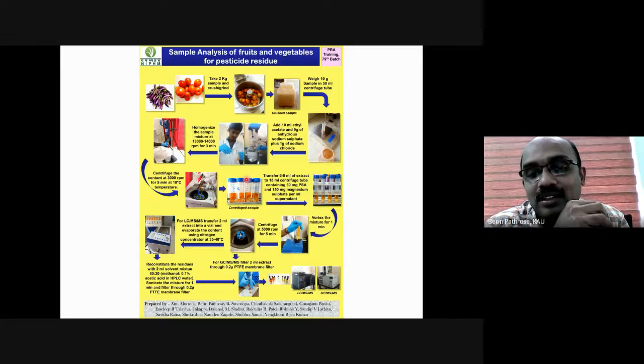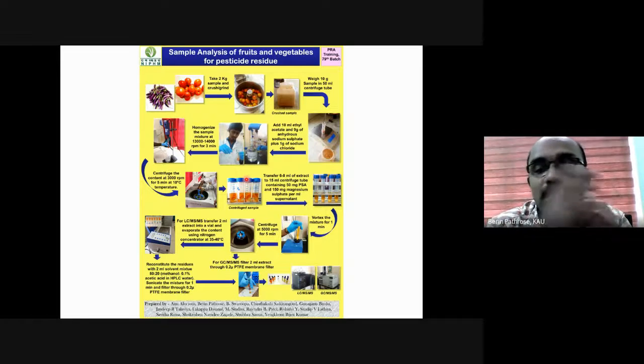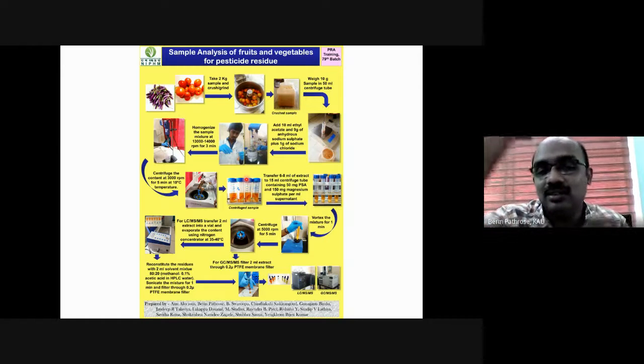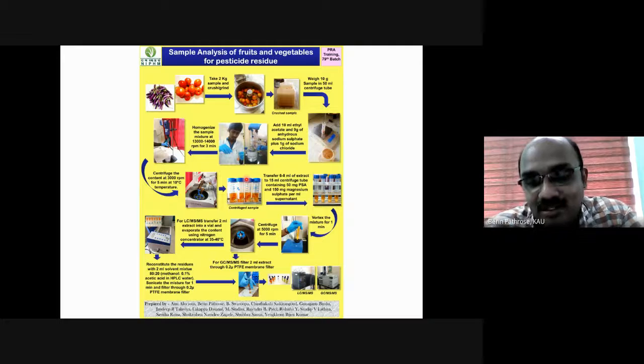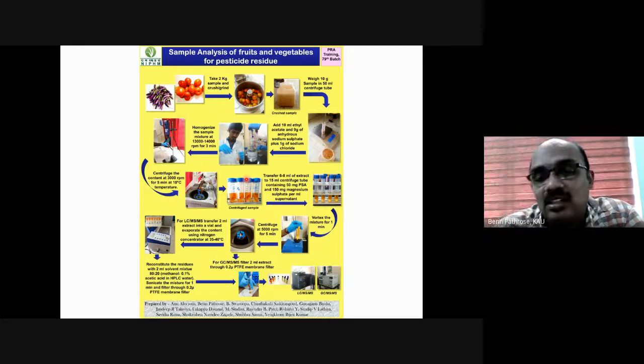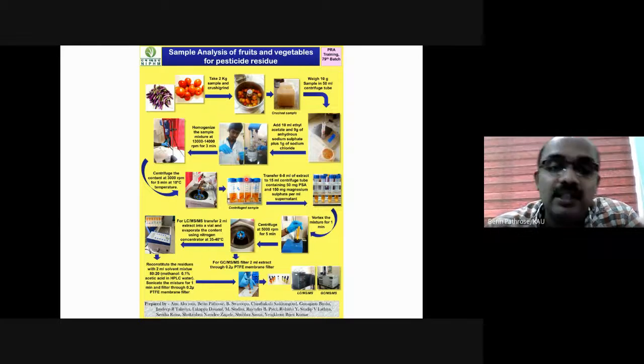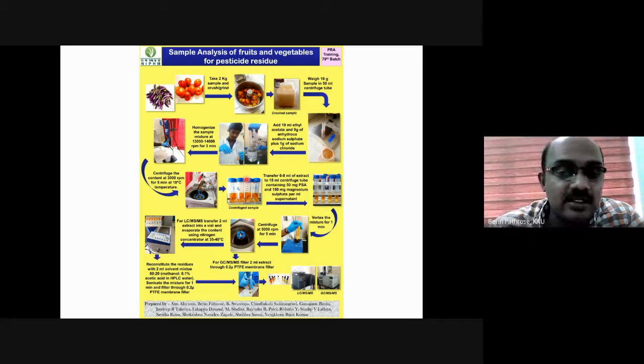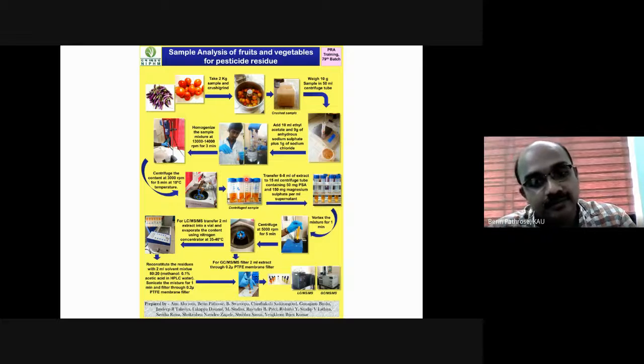The pesticide molecules which were bound to the substrate get knocked off and solubilized in the solvent. That's how the addition of the salt helps in efficient extraction of pesticide.